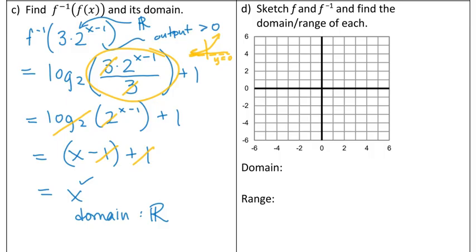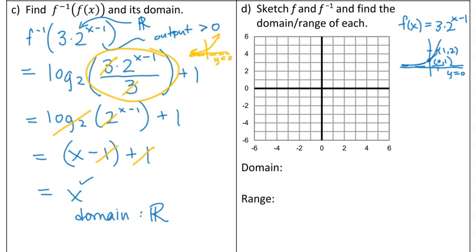Last step here is just to sketch these two. So use this to practice your transformations. My original function was 3 times 2 to the x minus 1, and we just talked about that one. If I pick a couple of points, I'm going to follow the horizontal asymptote, and I'm going to follow the points (0, 1) and (1, 2).